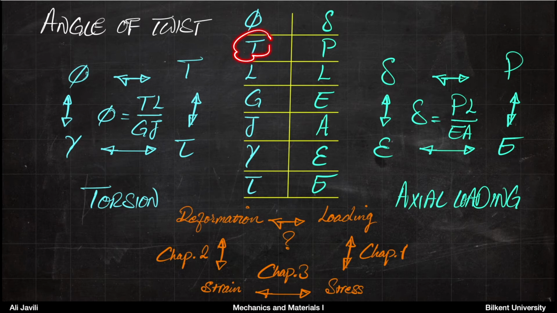Torque in a torsion problem is playing the same role as normal force P in an axial loading problem. And finally, the deformation type, phi, angle, corresponds to delta in an axial loading problem.